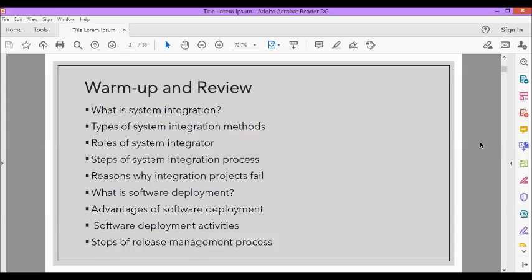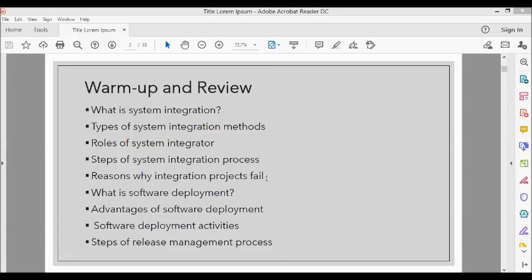We have also discussed the various roles of system integrator and the steps of system integration process, which includes requirements gathering, analysis, architecture design, system integration design, implementation, and maintenance. And then we also discussed the various reasons why integration projects fail, and we defined what is software deployment.